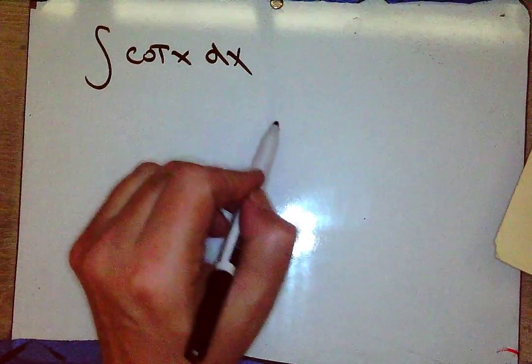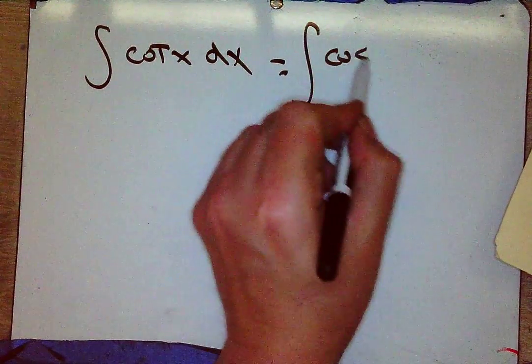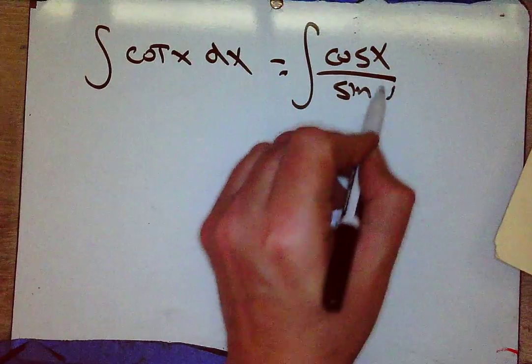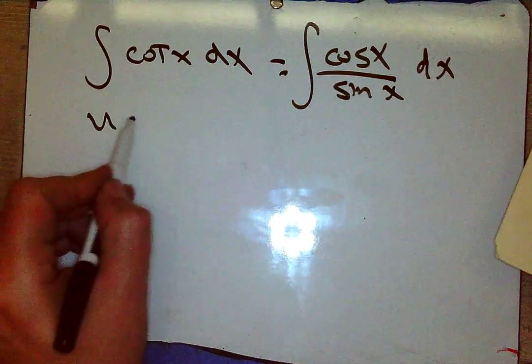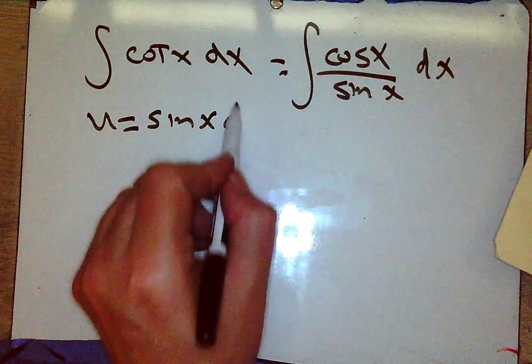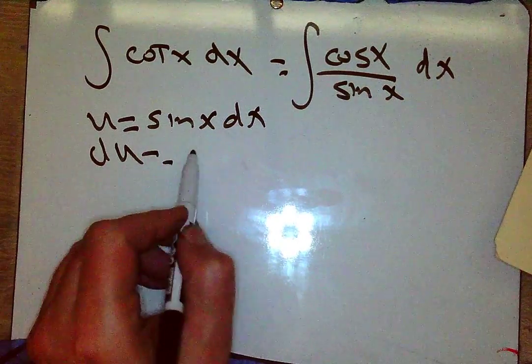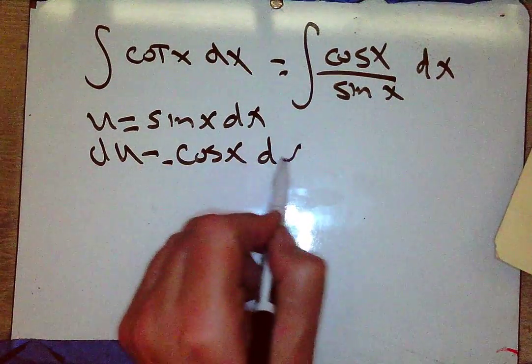So we've got the integral of cotangent x dx. Well, that's cosine x over sine x. And if u equals sine x, then du will be cosine x dx.